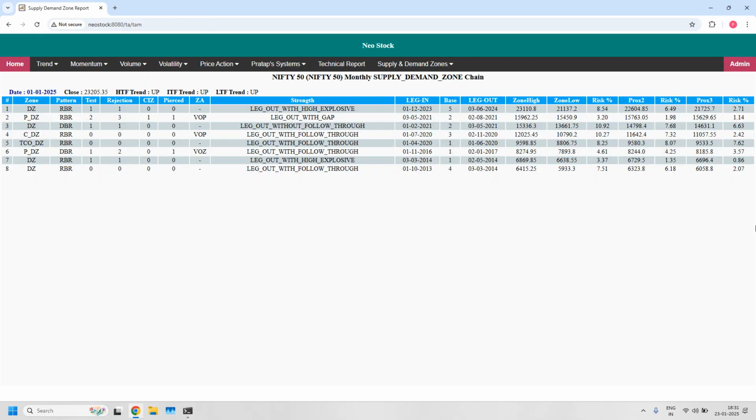So this is a NIFTY monthly supply demand zone chain. Always look into the zone column to find high liquidity zones. Look into the pierced column to find the pierced zones. Always look into the LTF trend to find the trend of the current time frame we have selected. And apply the same rules for the remaining supply demand zone chain reports. Okay.